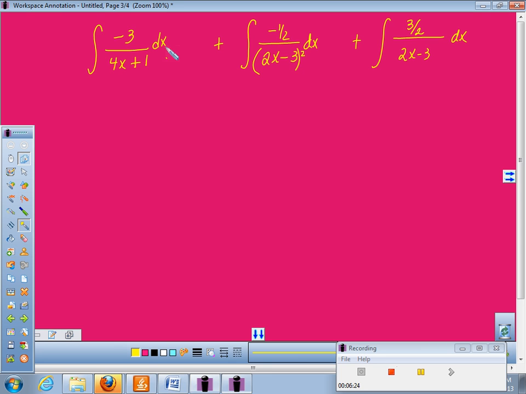So you're going to end up with a du over 4 in it. You're going to pull the negative 3 out front and have a 1 over u. So you really have a negative 3/4 natural log of the absolute value of u. So we might as well go ahead and integrate.